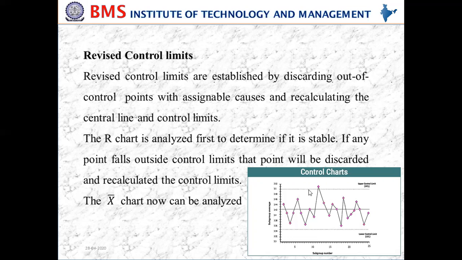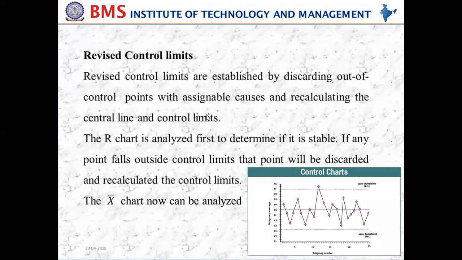This is the out of control point. This point is discarded, which shows the assignable causes, and we are going to recalculate the center line. After discarding this point, you will get the data of 24 subgroups. For the 24 subgroups, we calculate the center line value as well as the upper control limit and lower control limit.